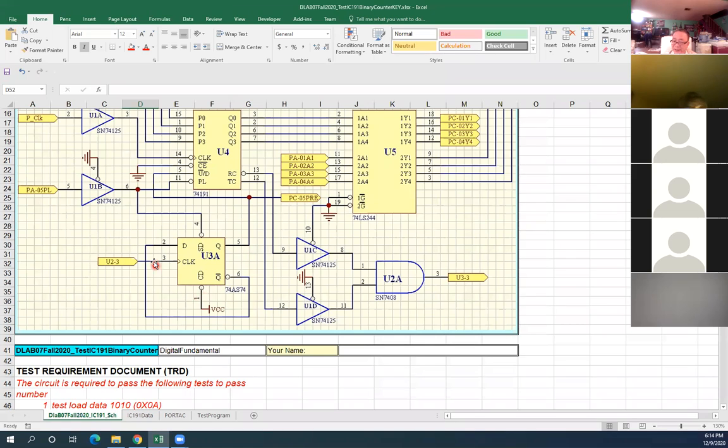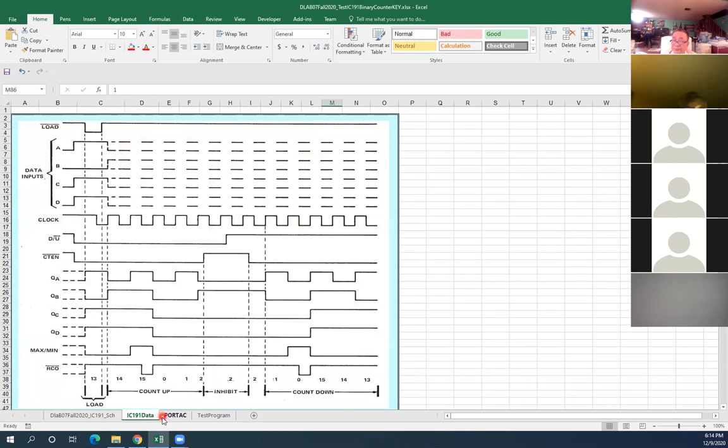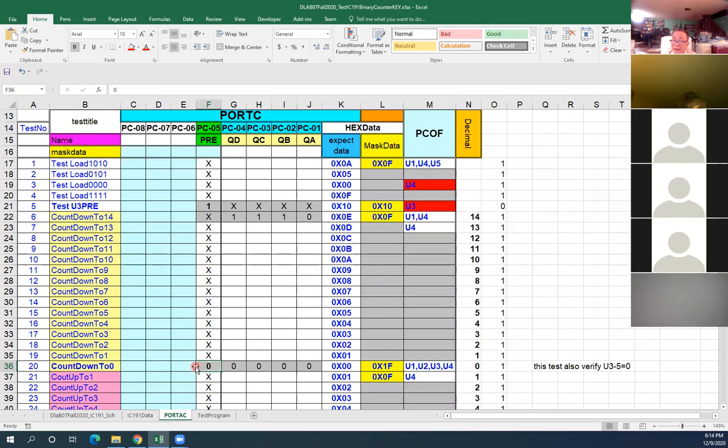That means you get a clock here and this toggles. So on the last one here, you can say now you want to test this must be 0 on output of the counter to be 0. So the mask data will be 0x1f.